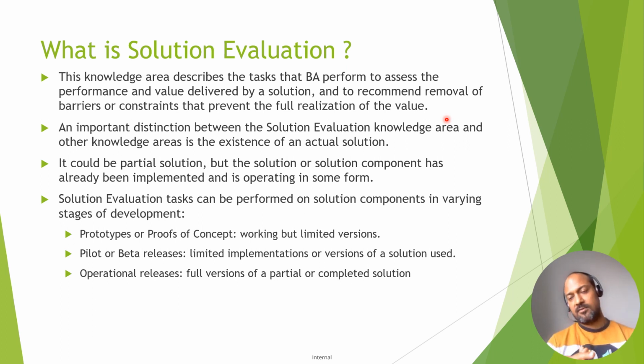But suppose this year your productivity was a little bit low, then the manager would be telling you the areas of improvement where you can improve so that your productivity can be increased. So the business analyst, after they set the performance measures, also, if there is any barrier or restriction or constraint which is preventing the full realization of the value, then the business analyst also recommends the way to remove those barriers or constraints, right?